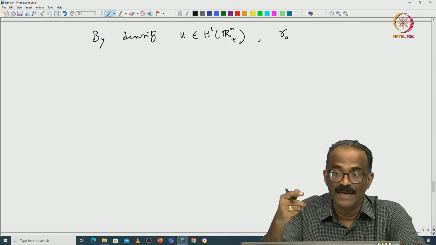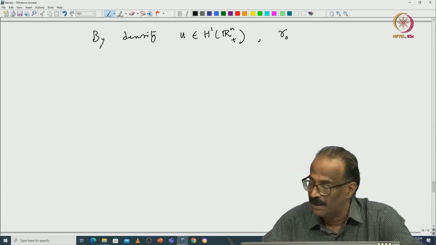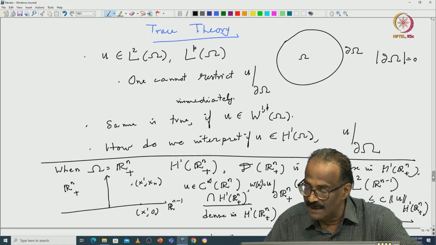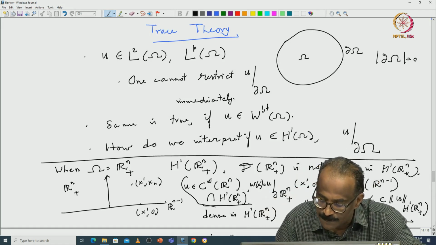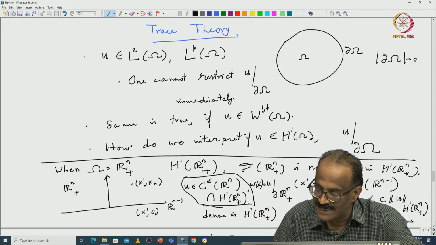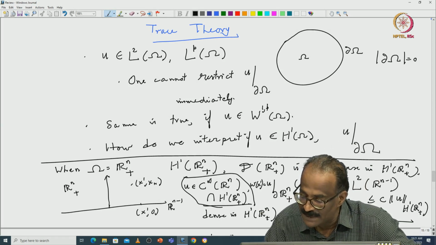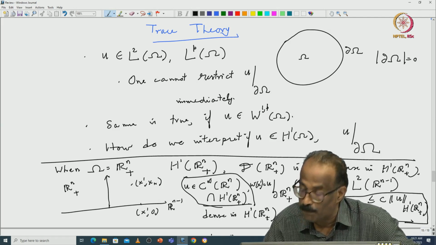So, you have a linear operator, and the previous one is a linear association. So, every u in this space, you restrict here, and it satisfies this estimate. This estimate is very important.